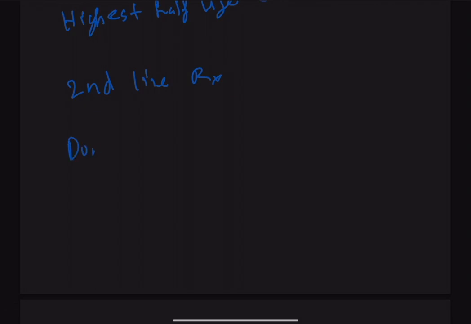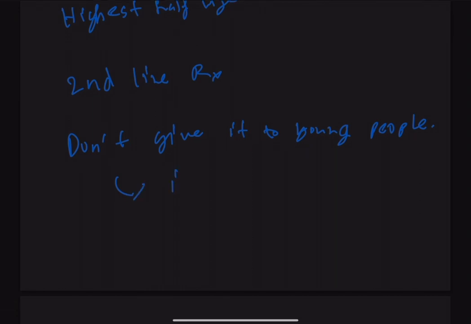And we can't give it to or don't give it to young people. Okay. Because it causes inhibition of ejaculation.